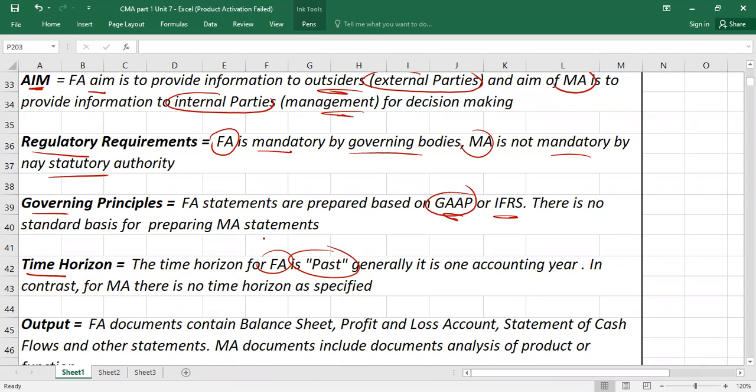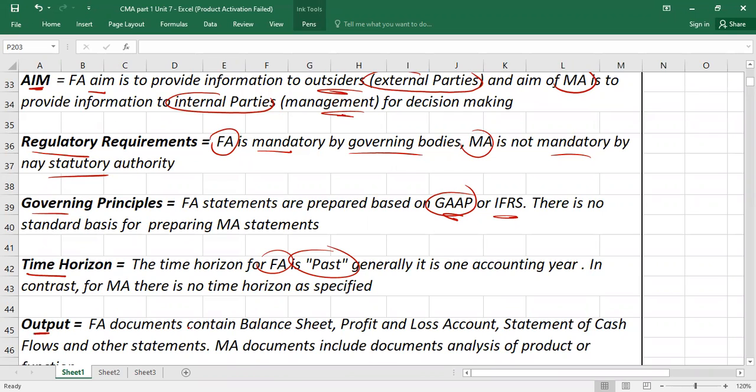On the other hand, management accounting is more future oriented, because we do management accounting for decision making, for the future of the business. Right or wrong? That is why in management accounting we don't have a set time. You can prepare management reports for any time. There is no specific time or horizon. Plus, it has which focus? Future focus. So this will be tested, okay?